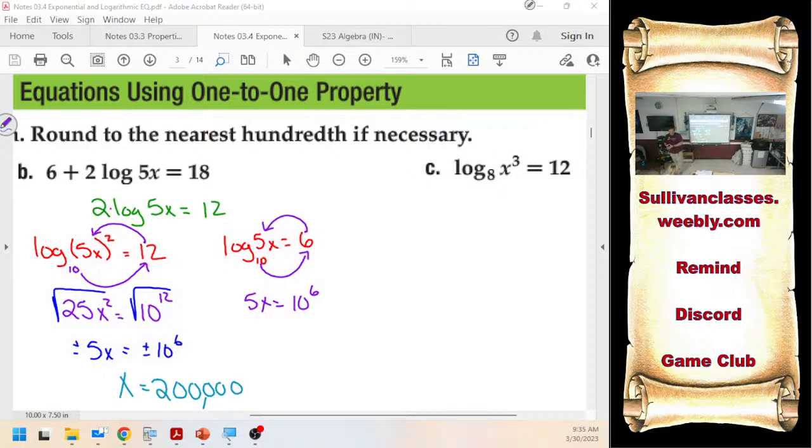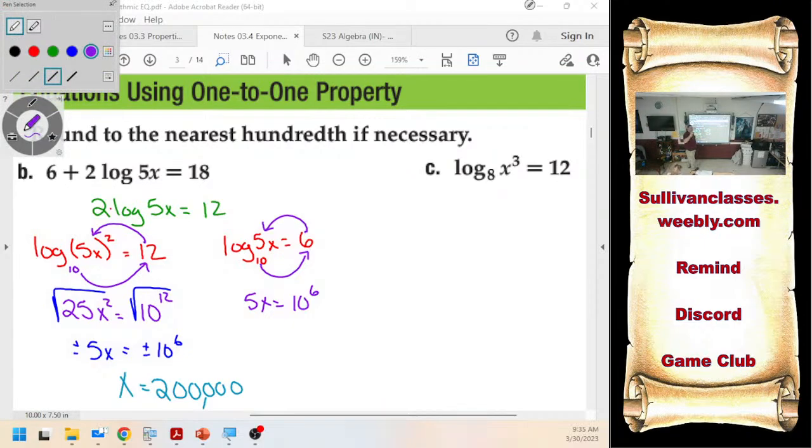This is why I strongly recommend that if you can, divide instead of going to exponent town so you don't have to deal with that. Case in point, look at the next one.